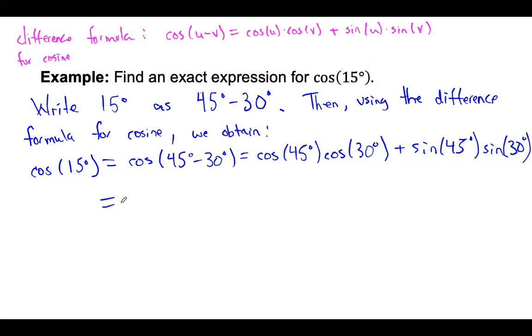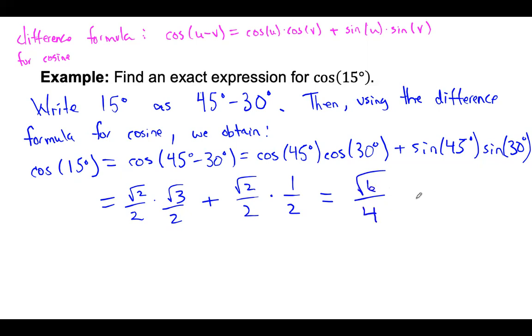So cos of 45 is square root of 2 divided by 2. Cos of 30 is square root of 3 divided by 2, plus sine of 45, square root of 2 divided by 2. Sine of 30 is 1 over 2. Now we simplify. So this would be square root of 6 divided by 4 plus square root of 2 divided by 4.